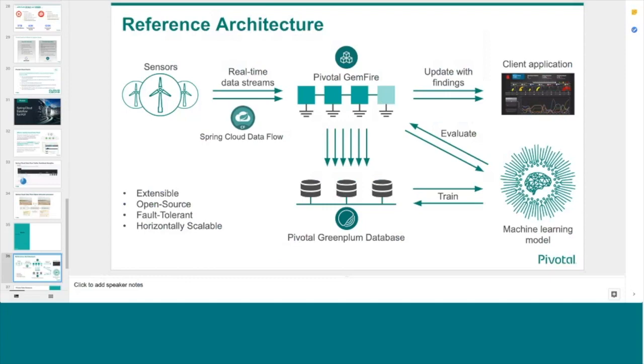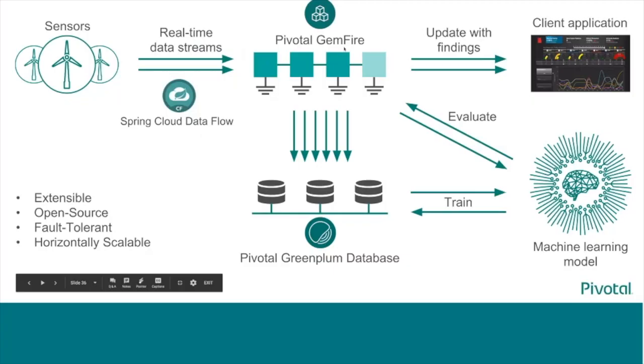Another use case, I think I just have one slide left: the reference architecture. One other use case is for IoT. Let's say you have your real-time data coming from the sensors.